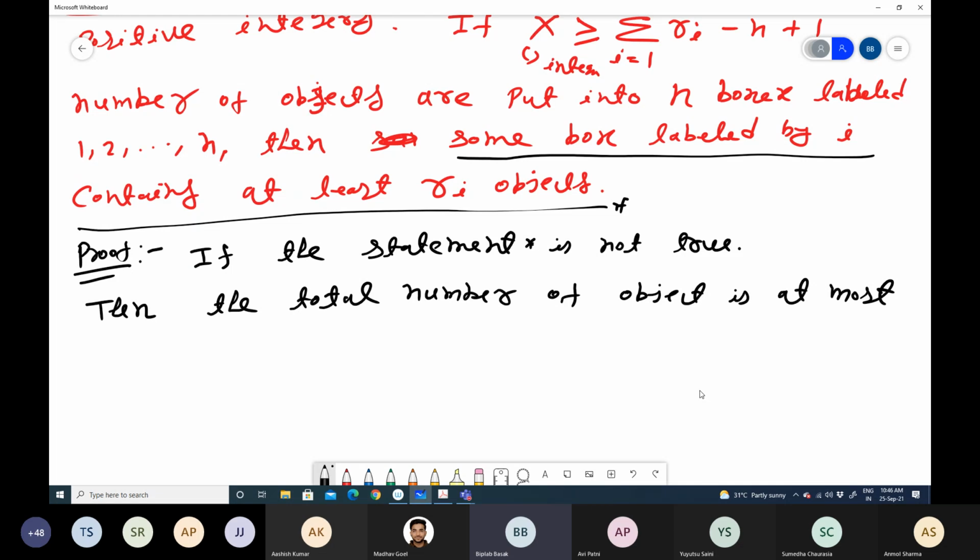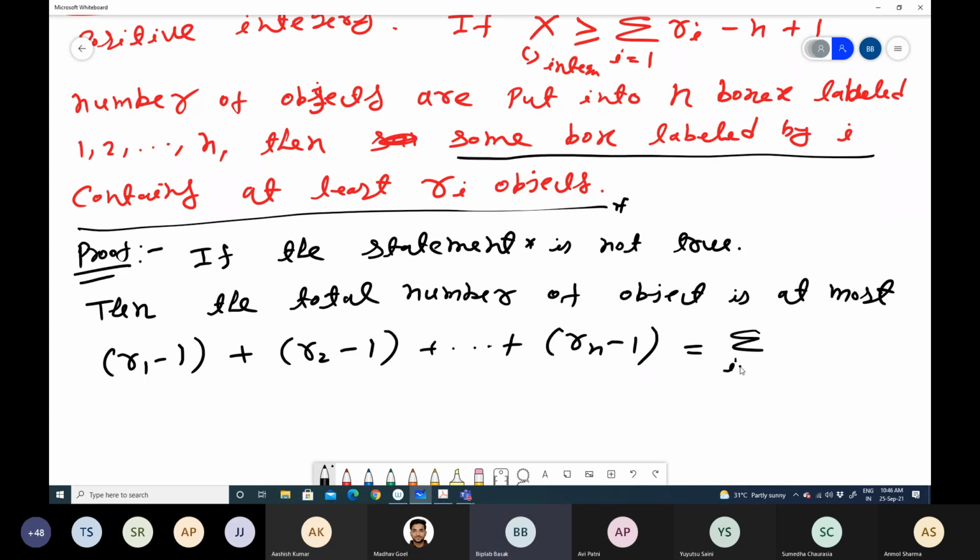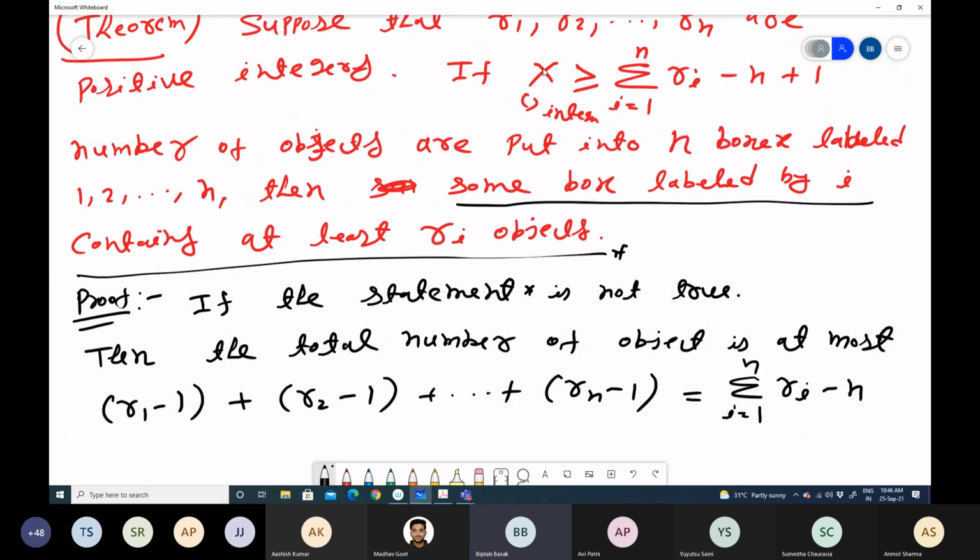So therefore the total number of objects is at most (r1 minus 1) plus (r2 minus 1) up to (rn minus 1), and that will be the summation i equal to 1 to n of ri minus n, right? So this is the maximum number of elements, but here it is given that your total number of objects is bigger or equal to this. So this is a contradiction.